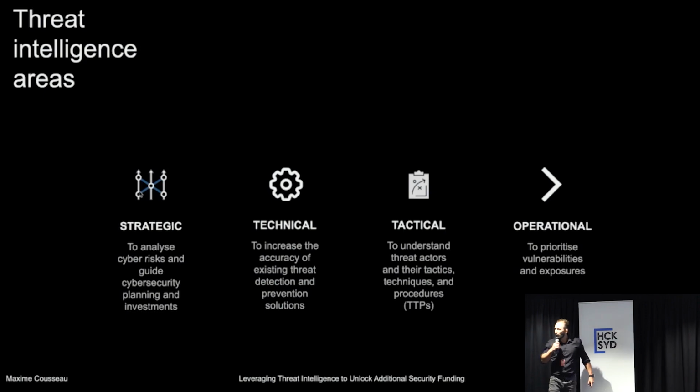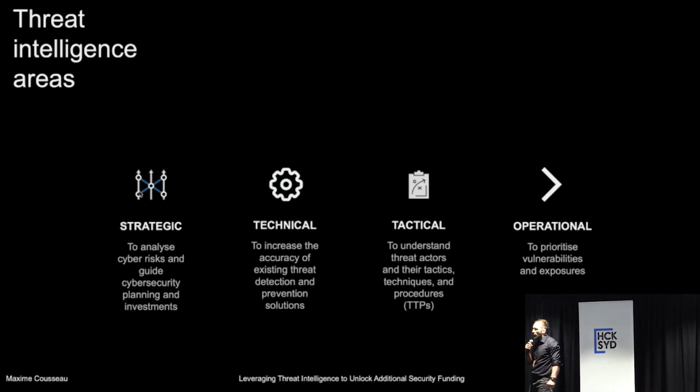All right, so threat intelligence. Sure, you've seen these areas before. There are different use cases for threat intelligence. You can use threat intelligence for strategic decisions, to help you define strategy. You can use threat intelligence for improving your detection and protection mechanisms.